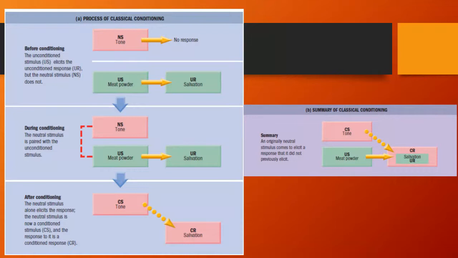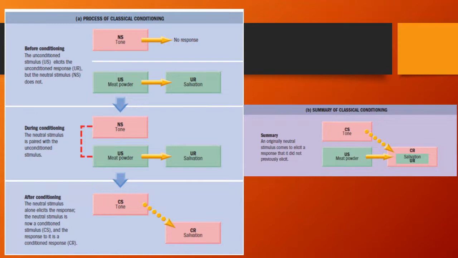No learning at all. During the conditioning process, the neutral stimulus that had no response attached to it is now paired with that unconditioned stimulus, the meat powder, because the meat powder is still creating that unconditioned response. And after the conditioning process, that conditioned stimulus becomes the bell, which creates the conditioned response.